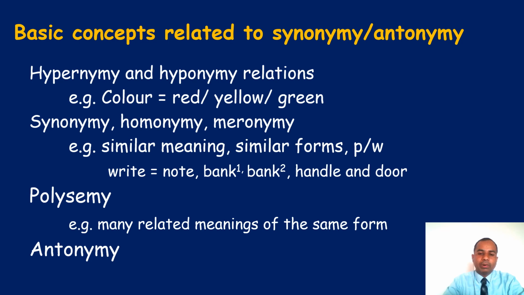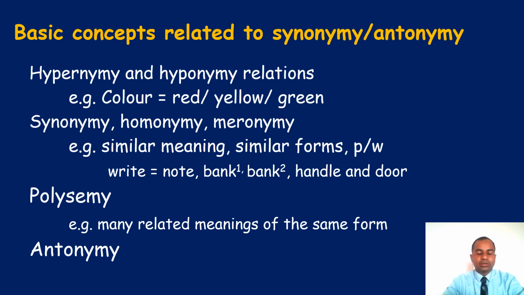Whereas the second form of bank, a similar word form, even in pronunciation and everything, but this bank means the bank of the river, the edge of the river, and that is nothing but homonyms. And lastly, we have a part and whole relation, that is meronymy, where we have a handle and door or cap and bottle, like that.